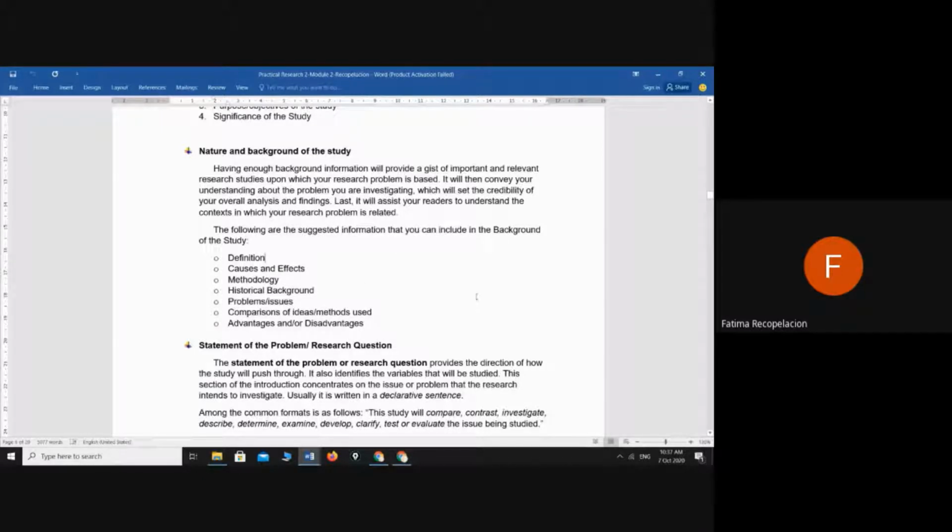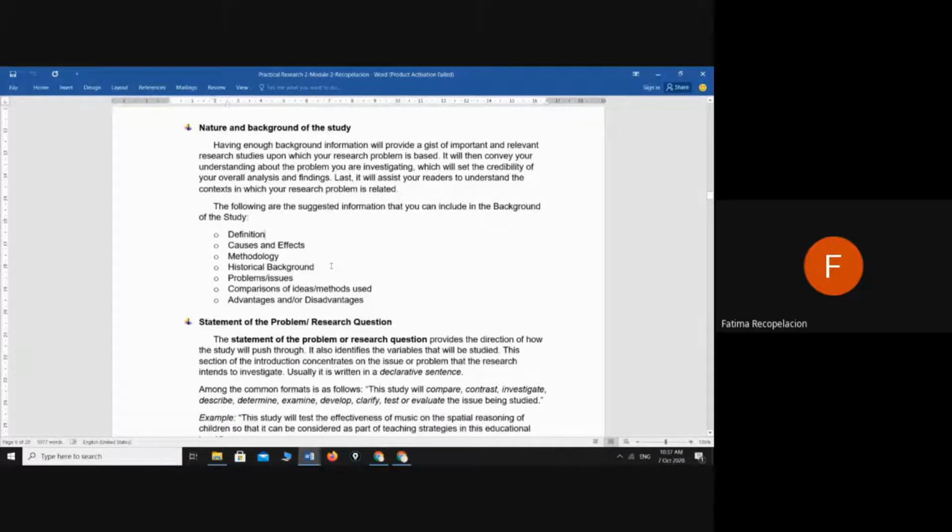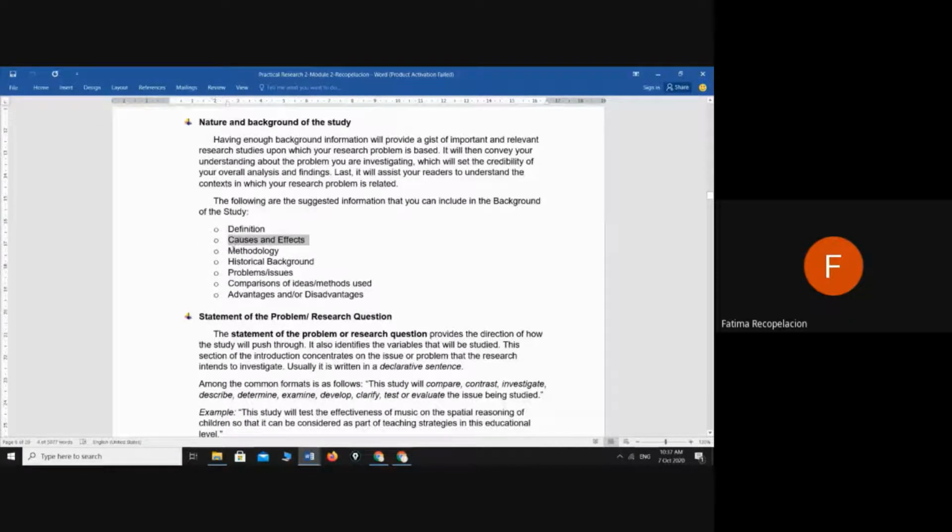For example, customer satisfaction again. So you define what is customer satisfaction. Okay? The cause and effect. Most of our research studies are concerned with this cause and effect, methodology, historical background, what is the background of that particular topic, problems and issues, comparison, advantages or disadvantages.